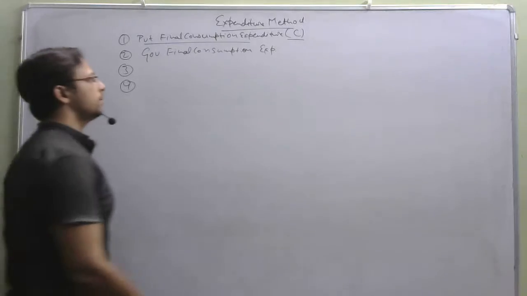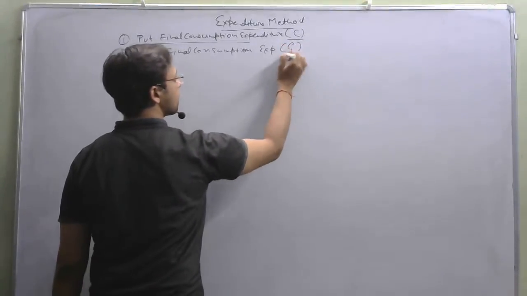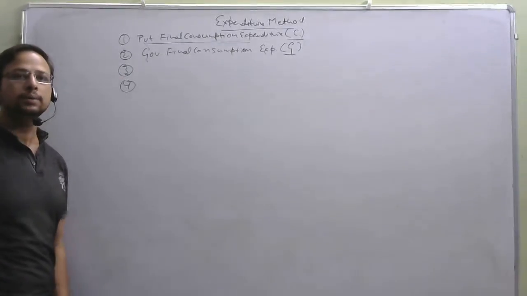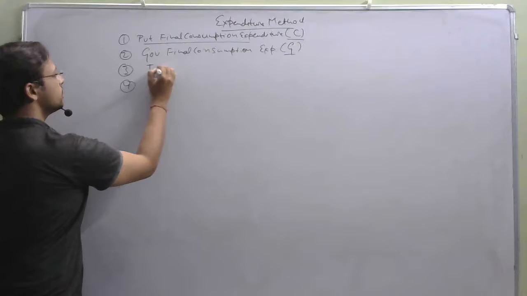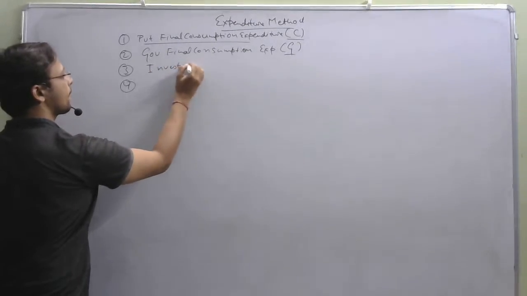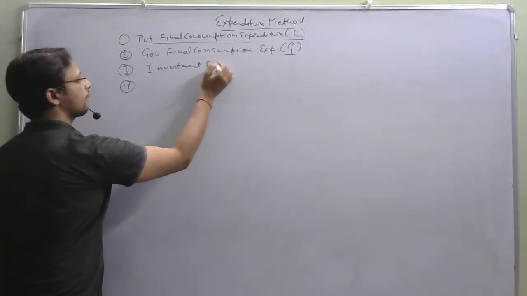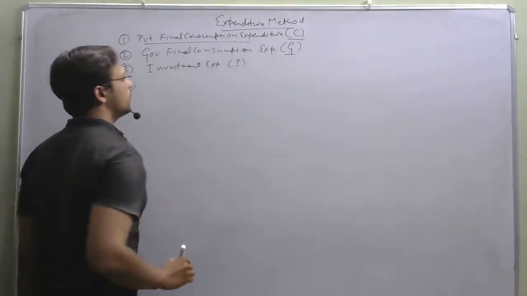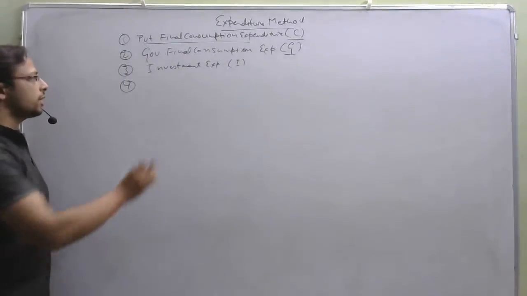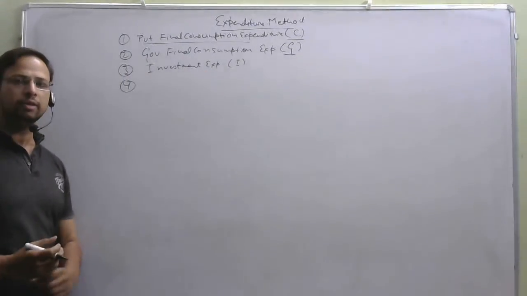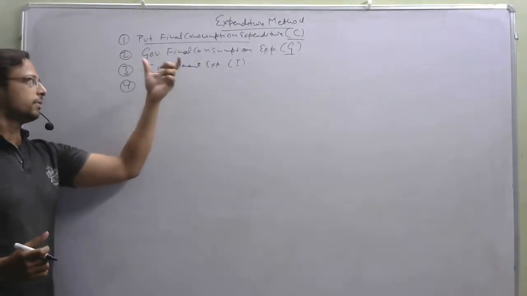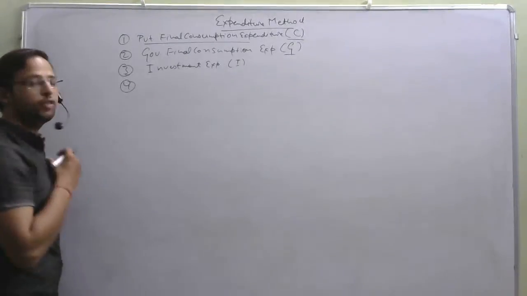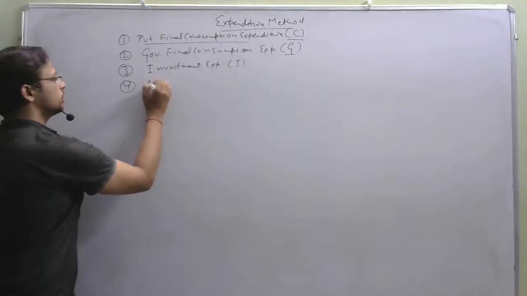It is denoted by the term G. The third one is your investment expenditure, denoted by the term I. The most difficult head is investment expenditure only. We will discuss it in greater detail. Let us first understand the fourth head, which is your net exports.